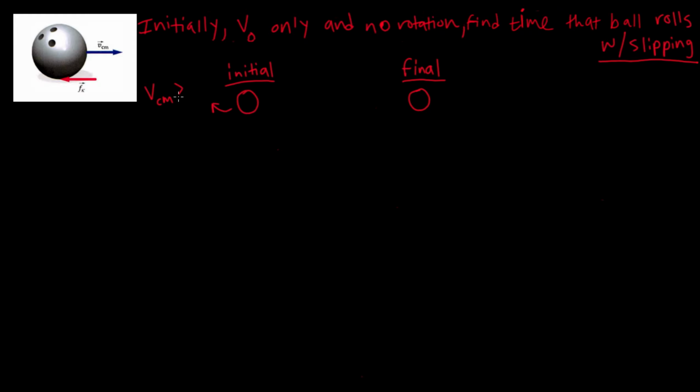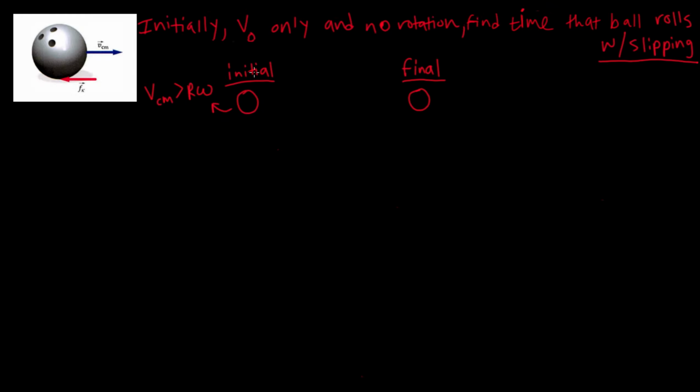And as we found out a few moments previously, the velocity of the center of mass is actually greater than the radius times the angular speed.